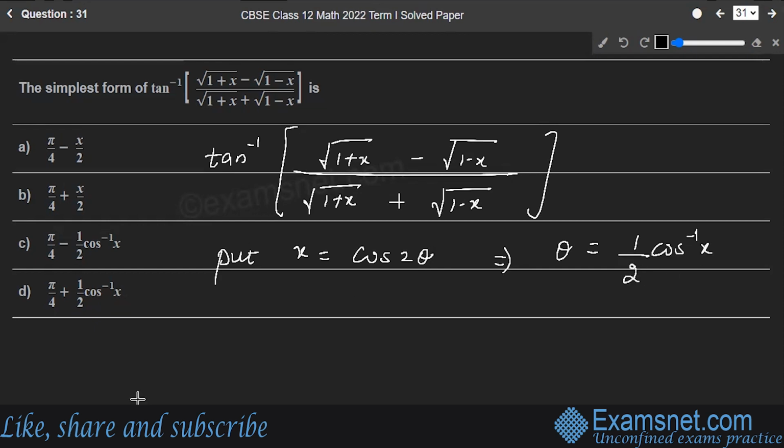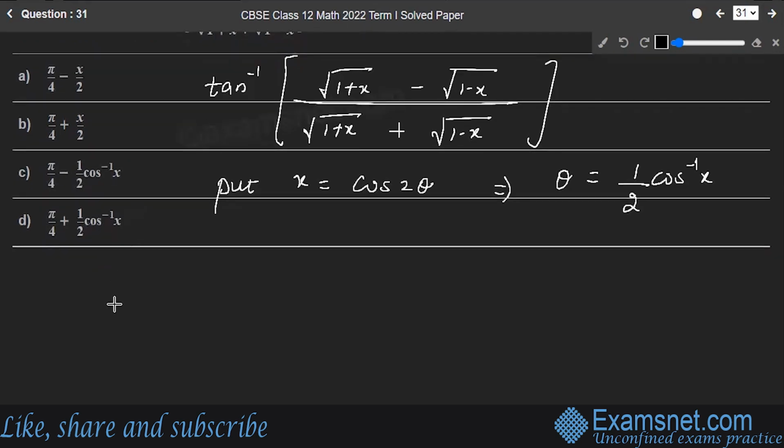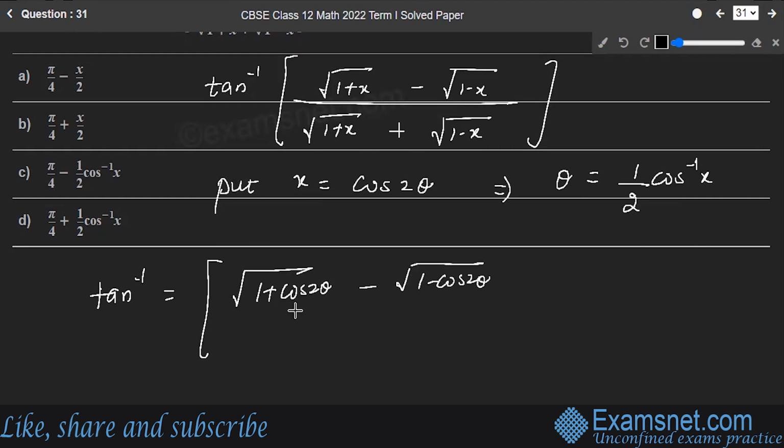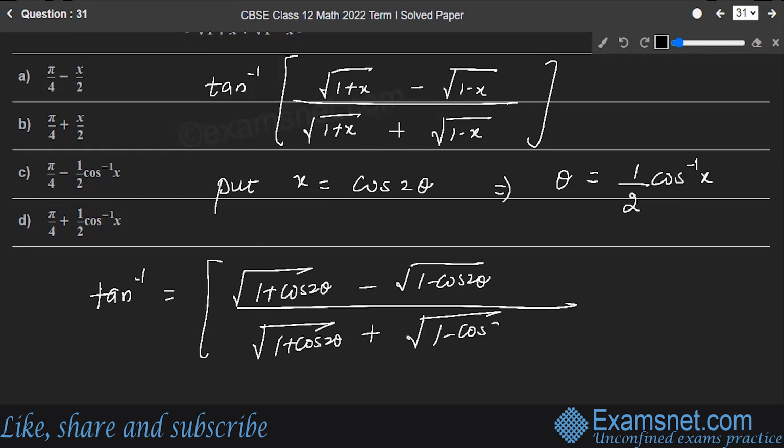Fine. So you will have here tangent inverse of (root of 1 plus cos 2 theta minus root of 1 minus cos 2 theta) whole divided by (root of 1 plus cos 2 theta plus root of 1 minus cos 2 theta).